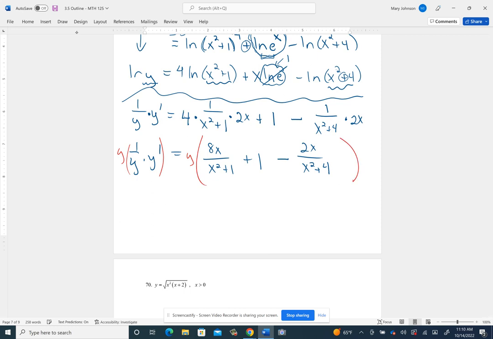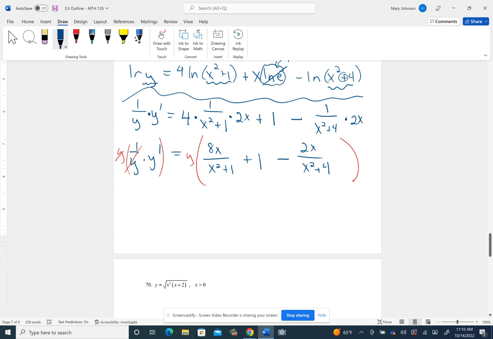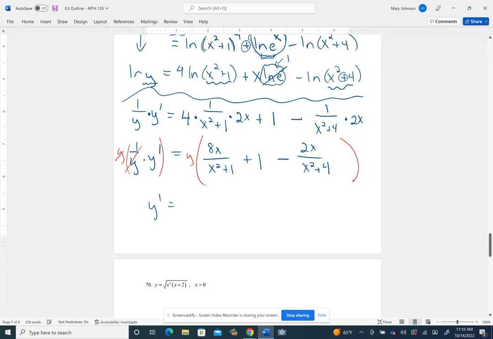When I do that, the y and the 1 over y would equal 1. So I would have y prime equal to, and in place of the y, I'm going to put the original problem, which was x squared plus 1 to the 4th e to the x over x squared plus 4.